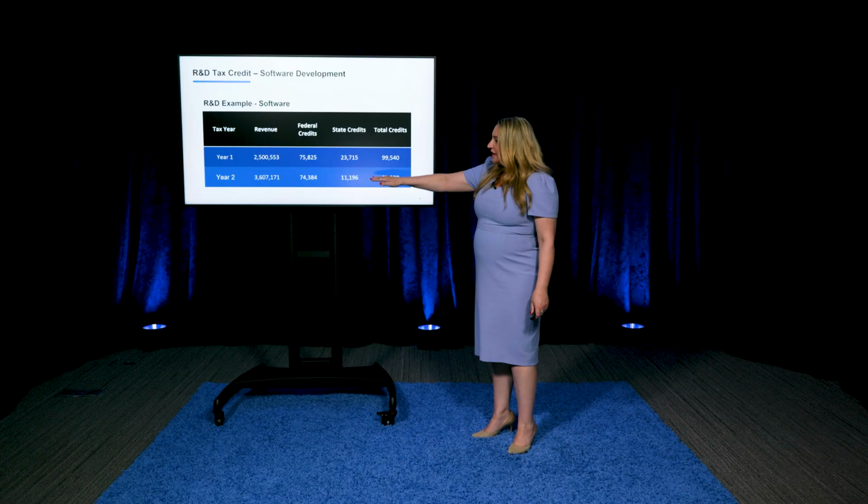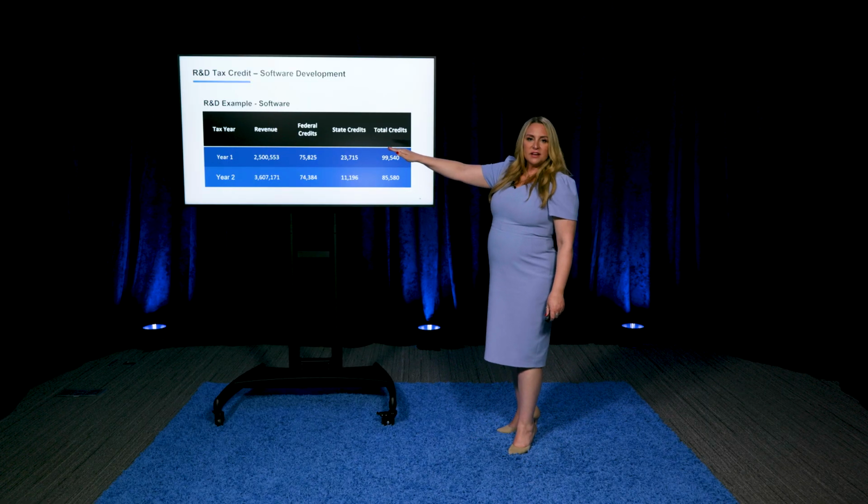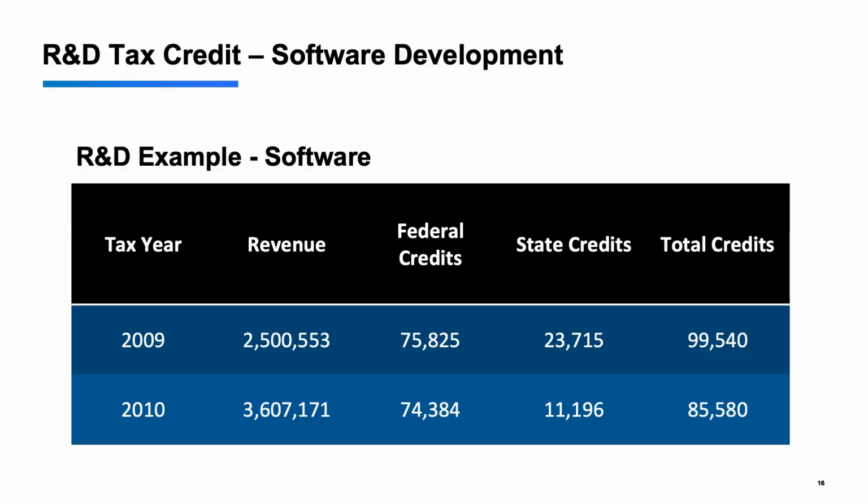So here I have a table. We've got revenues in tax years 1 and 2. Revenue in year 1 was $2.5 million, while revenue in year 2 was $3.6 million. This software company qualified for almost $76,000 in federal tax credits the first year and $74,000 the second year.